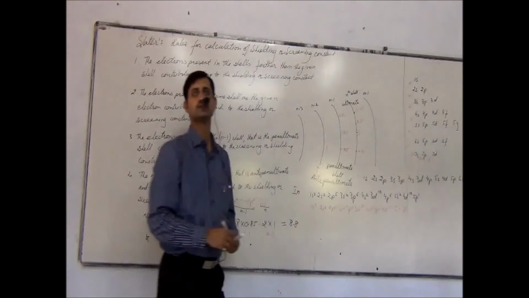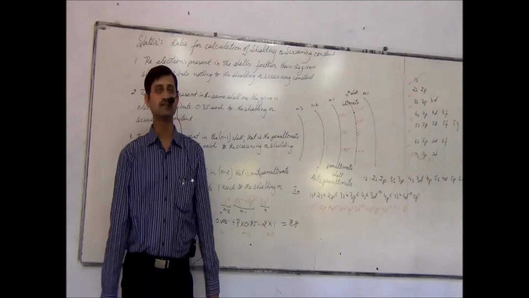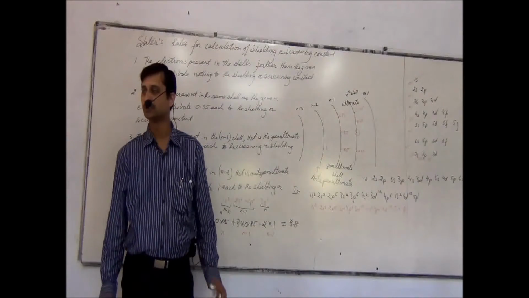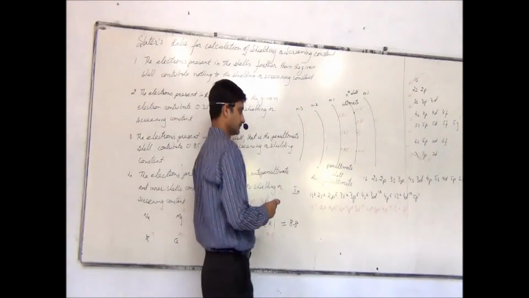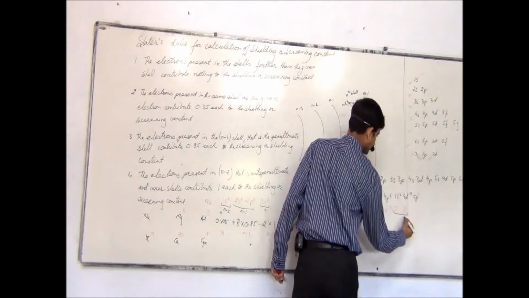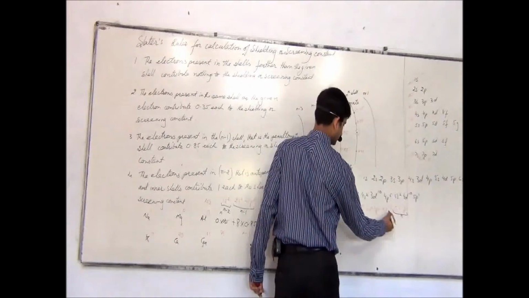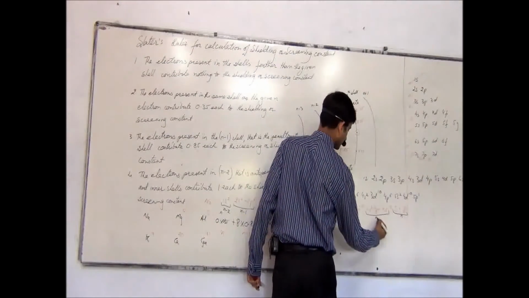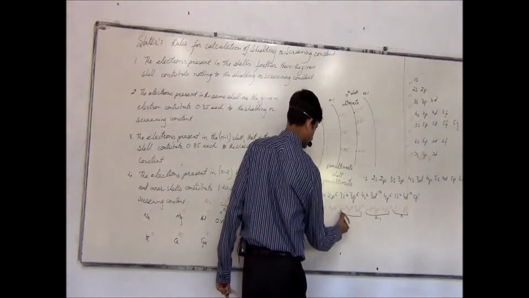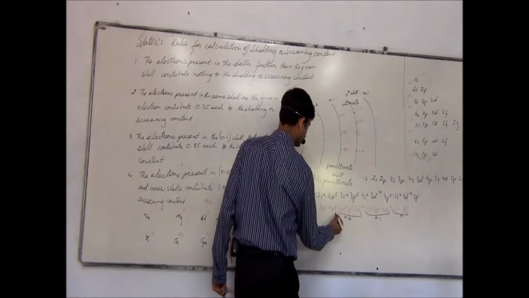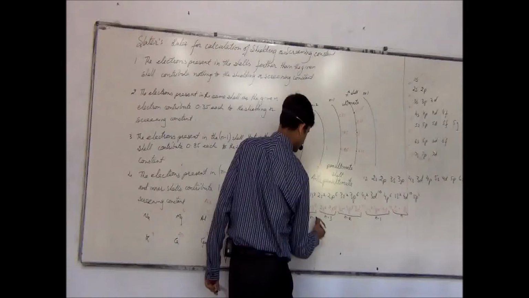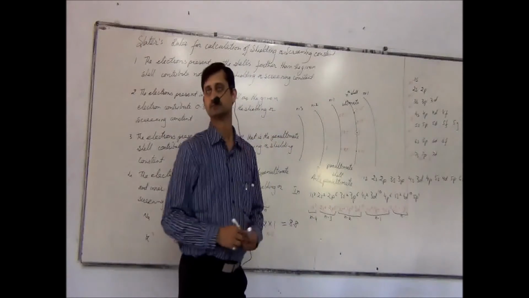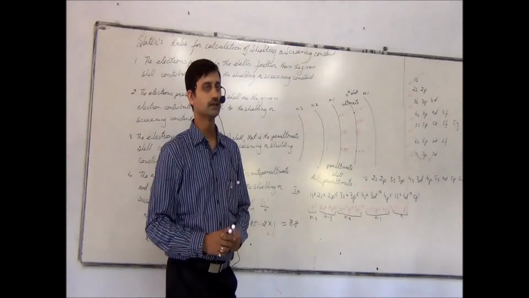What I have done is grouped the orbitals having the same n value together. So this is n, 0.7. This is n minus 1, 18. n minus 2, n minus 3, and n minus 4. Okay?